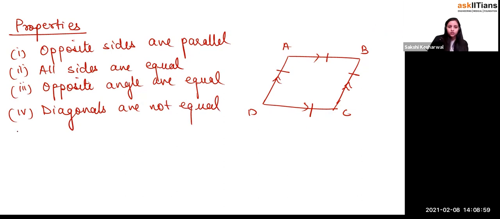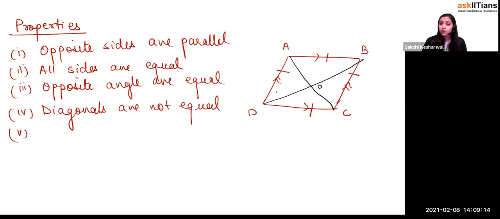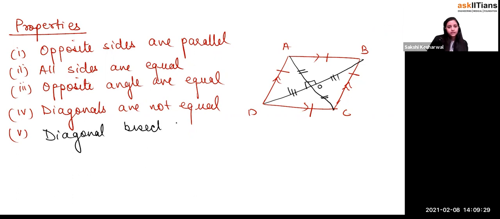Fifth, if you draw the diagonals, this is a diagonal and this one is a diagonal. The diagonals bisect each other at 90 degrees.